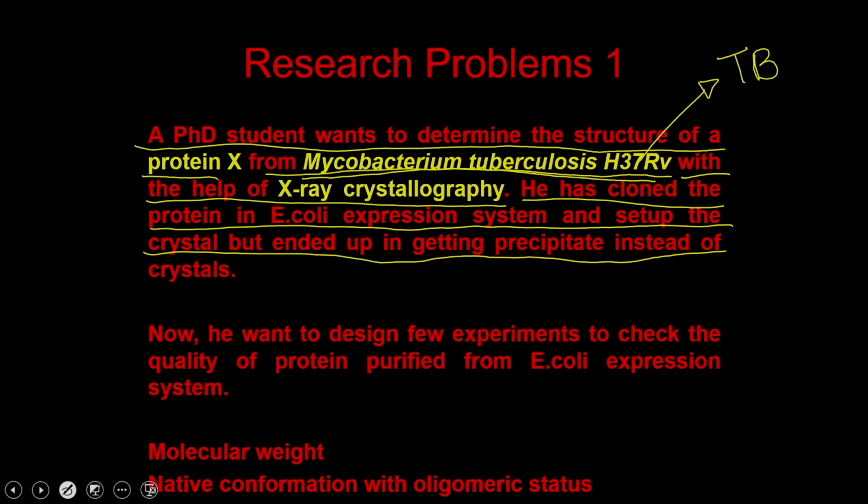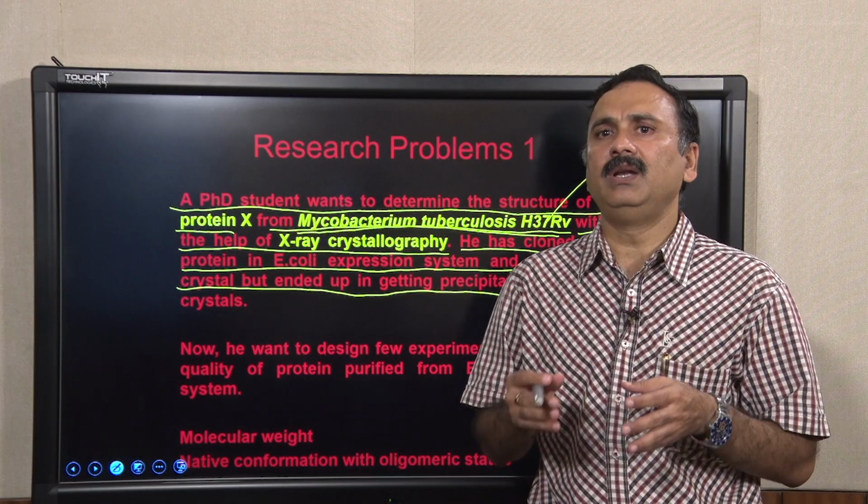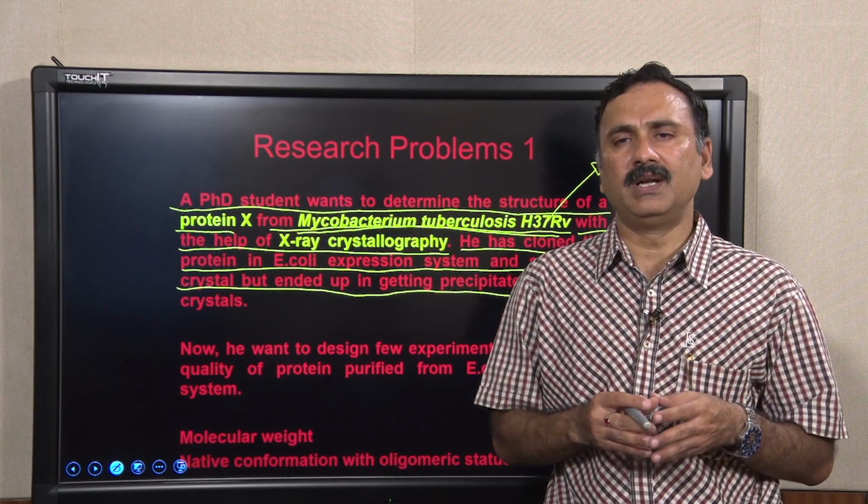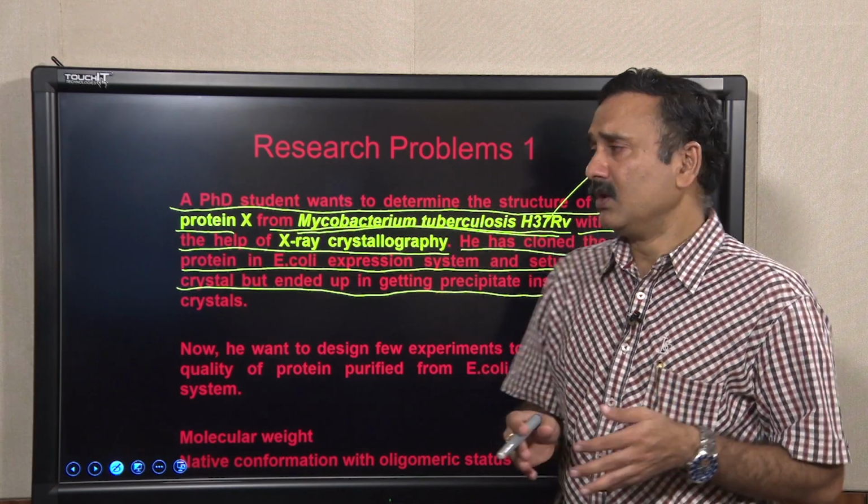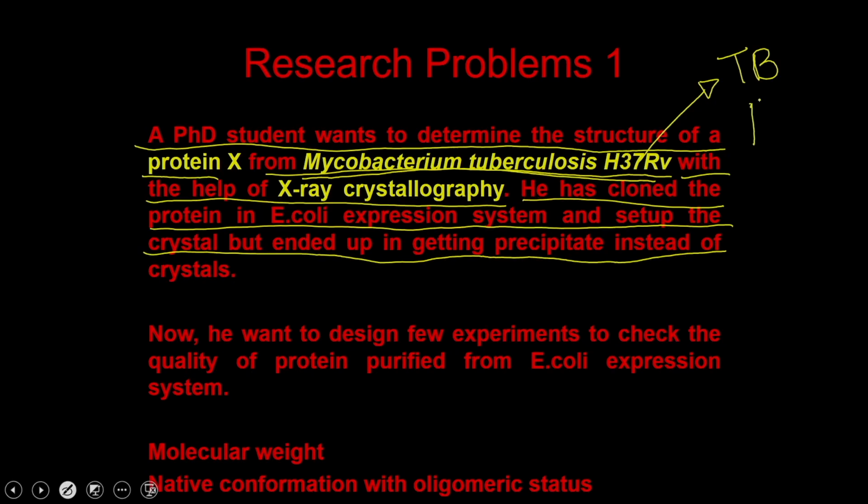In typical X-ray crystallography related structural determination, you first have to isolate the protein in a large quantity in a purified form. Then you have to concentrate the protein so that it reaches a concentration where it will start showing crystallization.